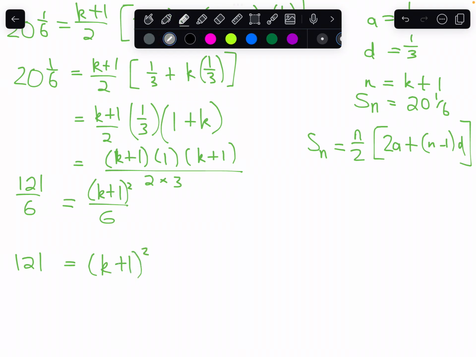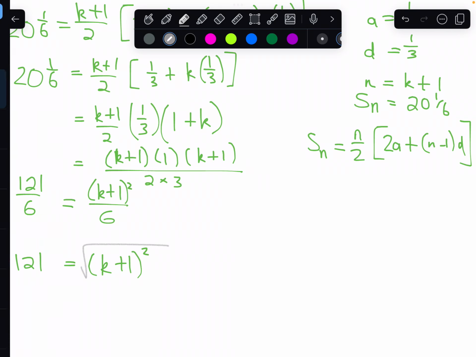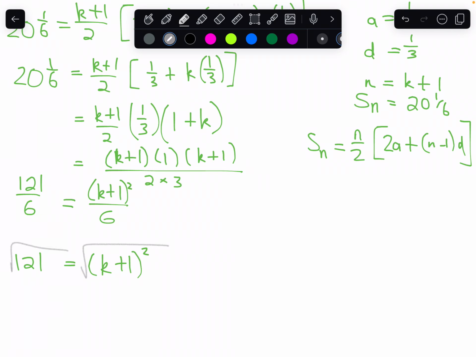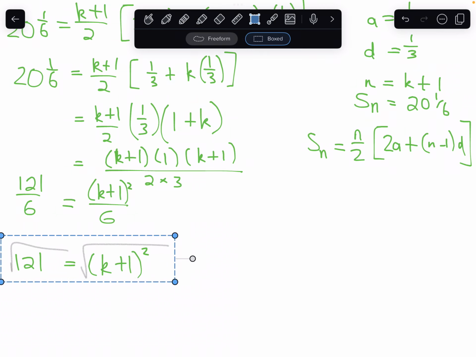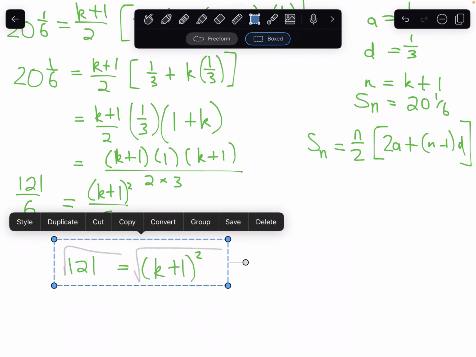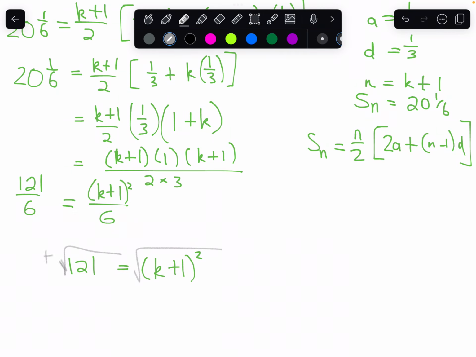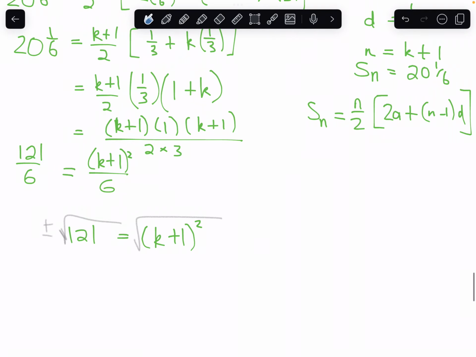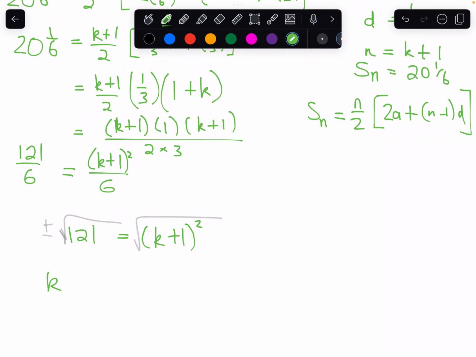Then we can square root both sides, but remember, we must always consider both the positive root and the negative root, and use the context to decide whether both are relevant or if only one solution is relevant. So here we've got k plus 1 is equal to 11, or k plus 1 is equal to negative 11.